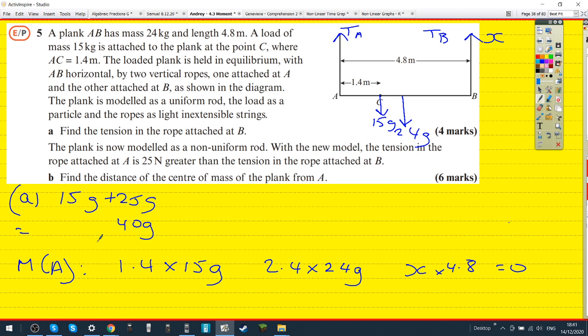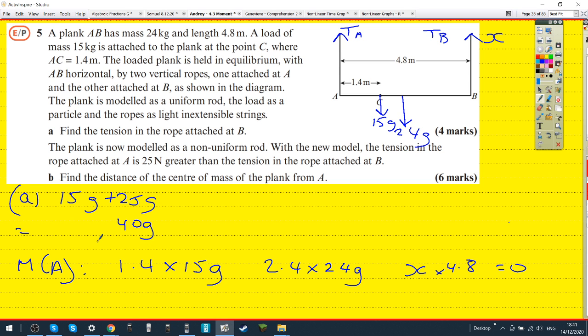Okay, so for 1.4 times 15, does it leave from A, like the arrow?